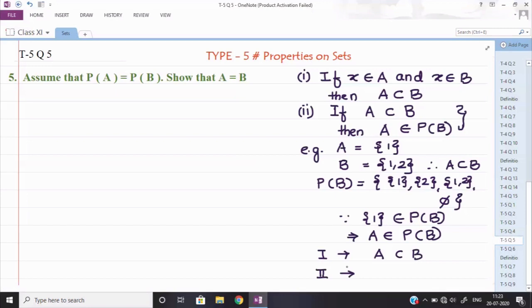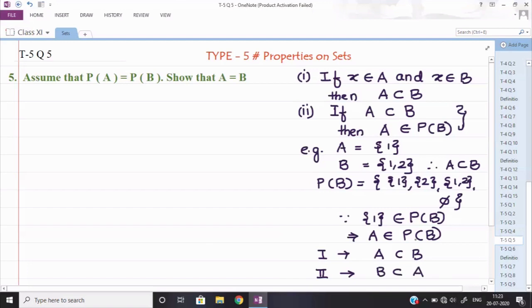Suppose in the first part I take A is a subset of B. Then in the second part I will prove B is a subset of A. That we will prove with the help of the given conditions and the given facts which were written earlier.